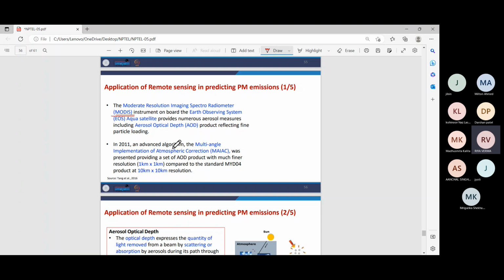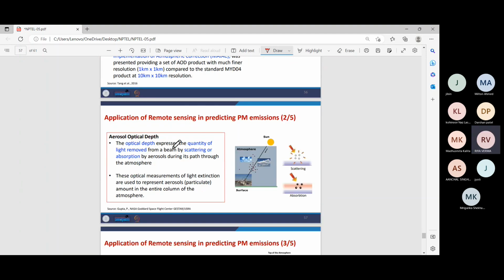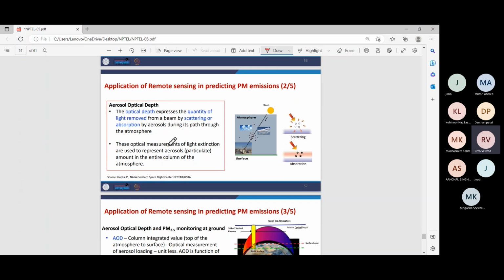So basically, aerosol optical depth. What happens is, for example, if we have a surface here, I think it's clear to everyone now. You can visualize this.